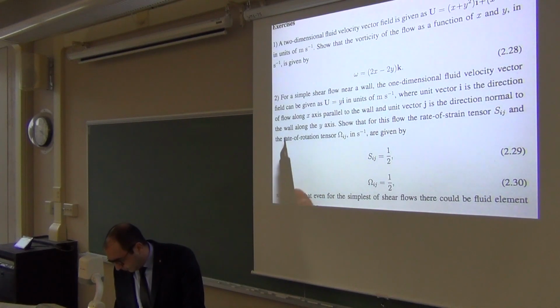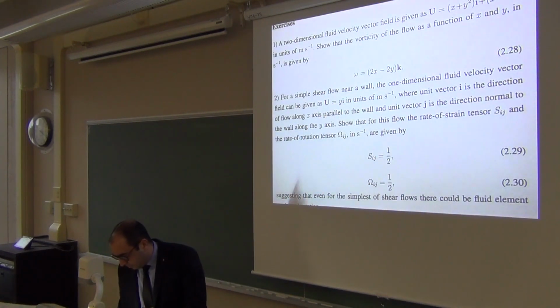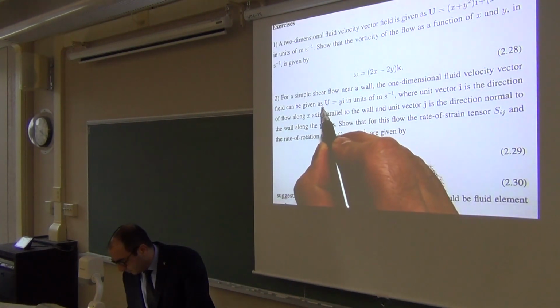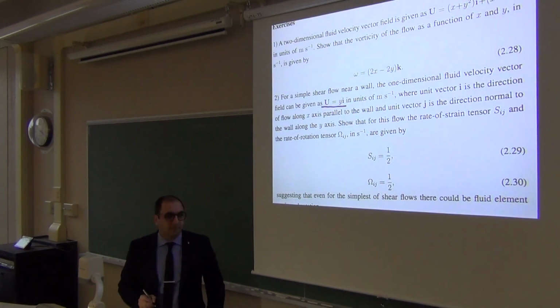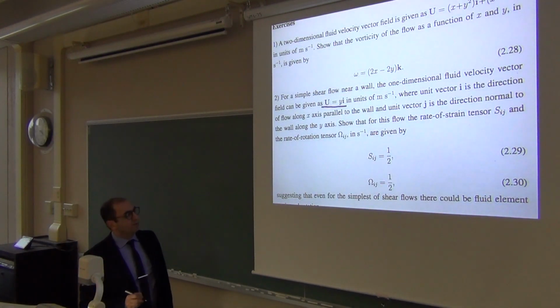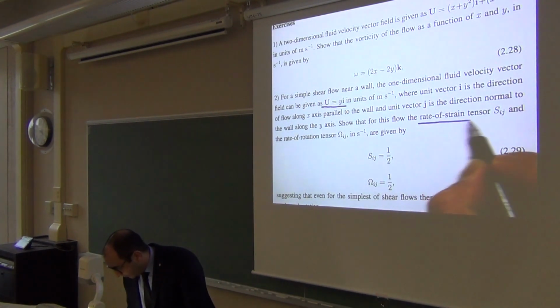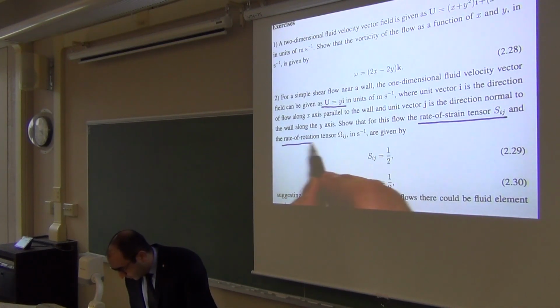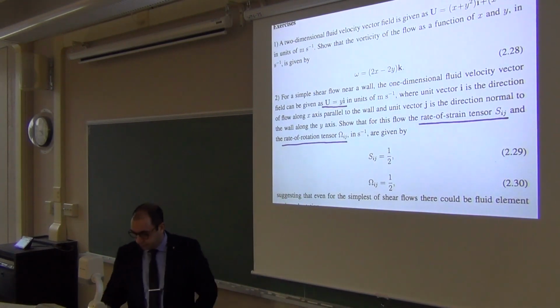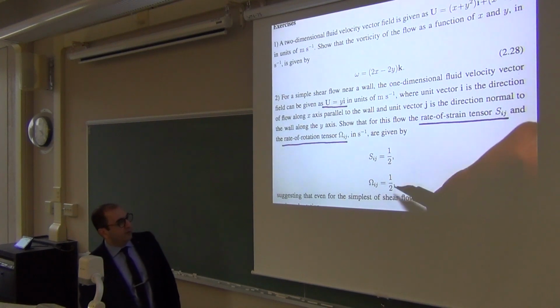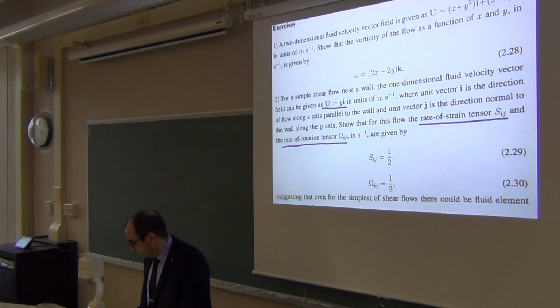For a simple shear flow, I'm giving you a velocity vector u equal to y times the unit vector i. And I'm asking you to calculate the rate of strain tensor and the rate of rotation. I just want you to show me that both of them are equal to 1/2. It's a very quick problem that I want to do.